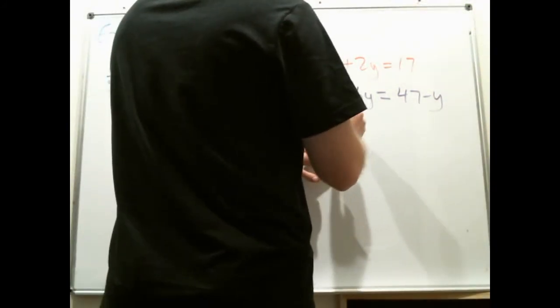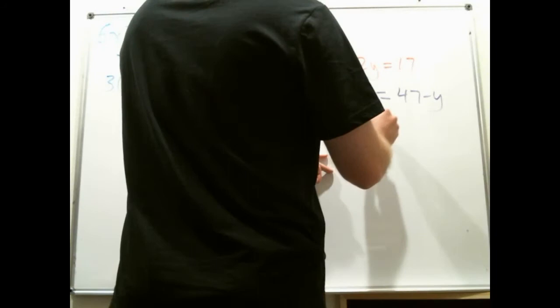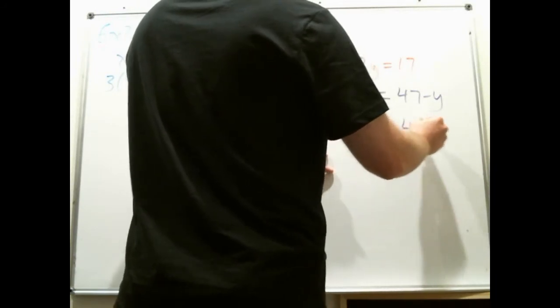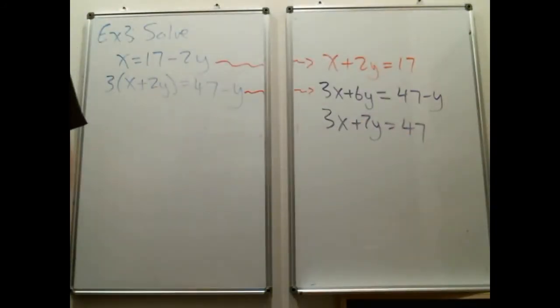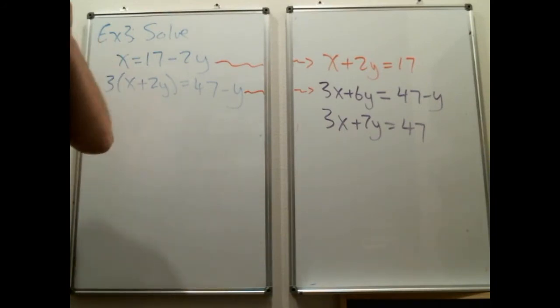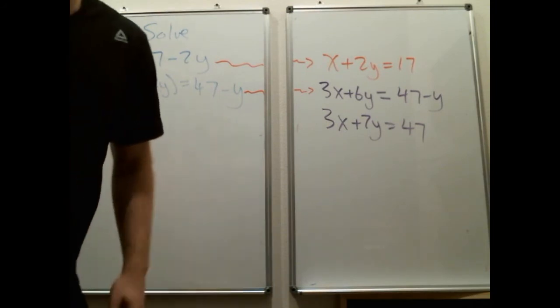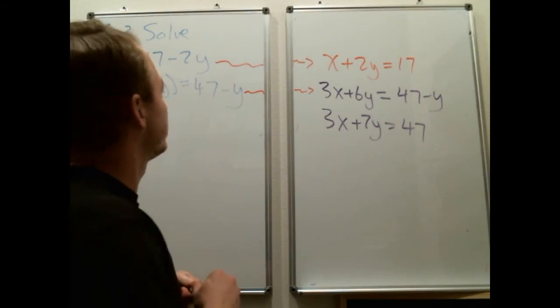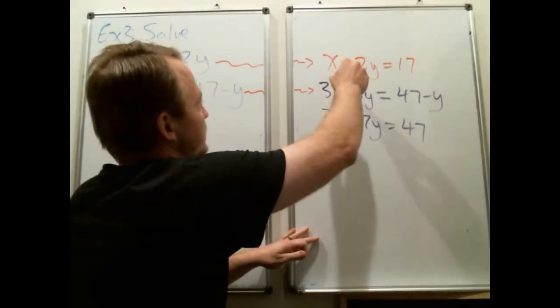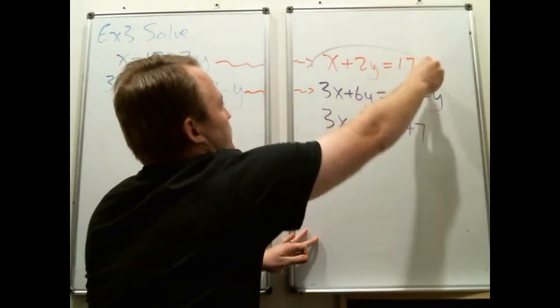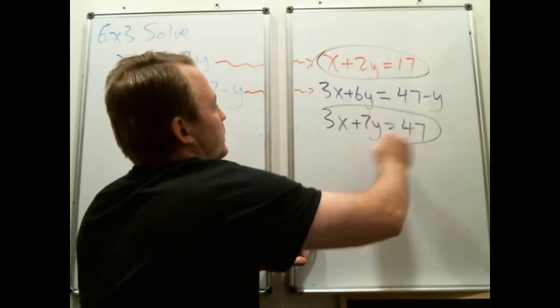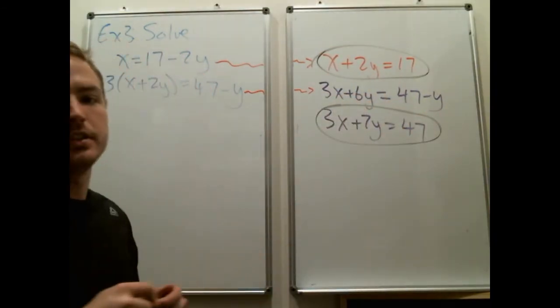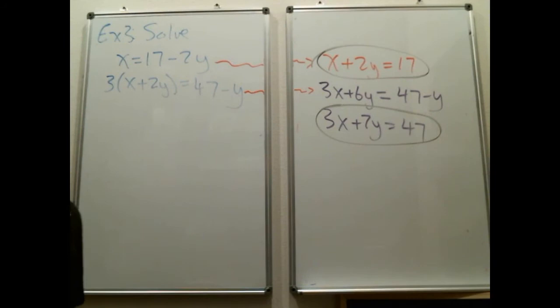So you get 3x plus 7y is equal to 47. Alright, so now we have successfully rewritten these two equations. And just so it pops out easier, I'll rewrite them together so we know what we're doing. I'll just circle them. It's this one and this one. Those are our equations that we need to solve.